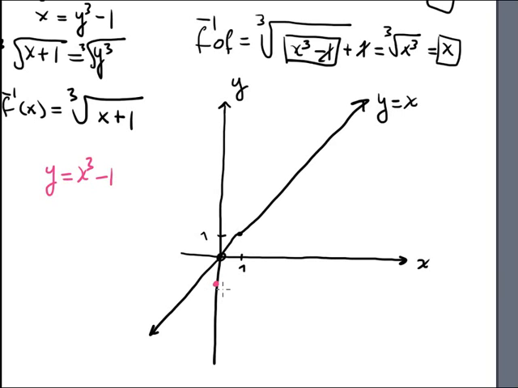This point would be (0, negative 1), and this point would be (1, 0). Okay, those approximately look like that. This is the cubic minus 1.